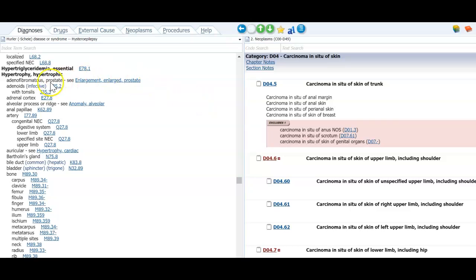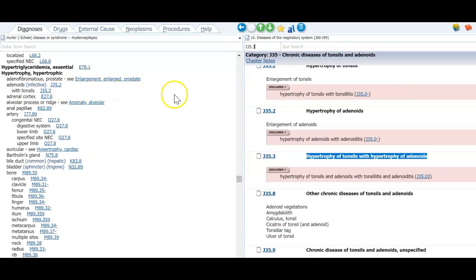So let's go here. We look for our main term, all right, and then we go to our subterm. So it's adenoids, but we know it's with tonsils, so we need to go again. You need to look the furthest you can go. So we have the code J35.3.